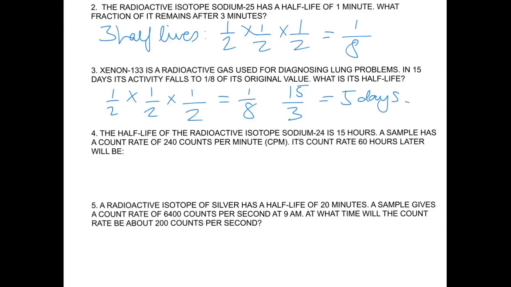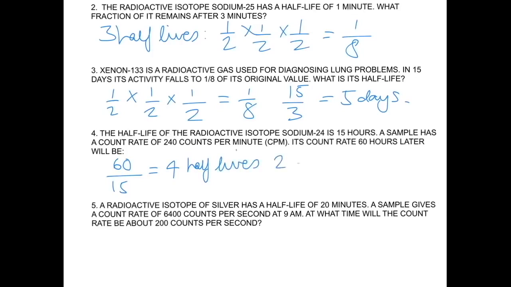Question 4. The half-life of the radioactive isotope sodium-24 is 15 hours. A sample has a count rate of 240 counts per minute. Its count rate 60 hours later will be, okay, so this time again we need to find out how many half-lives have occurred. So I'm going to do 60 hours divided by 15, and I see that 4 half-lives have occurred.